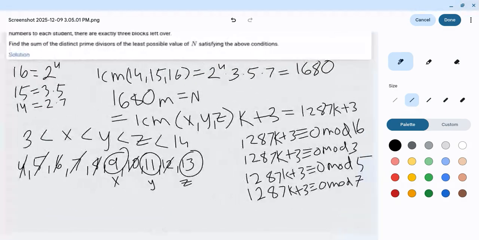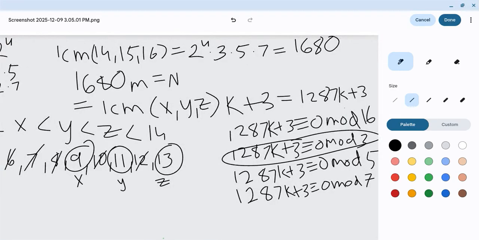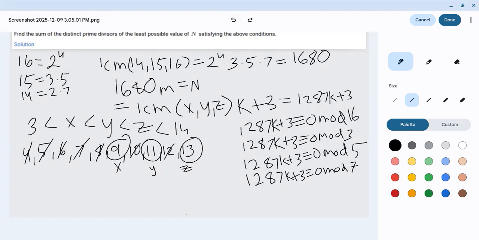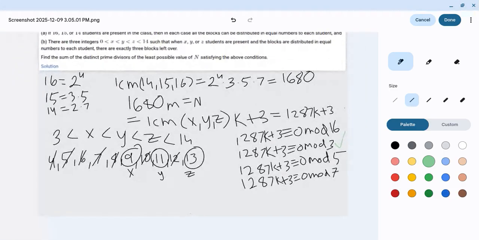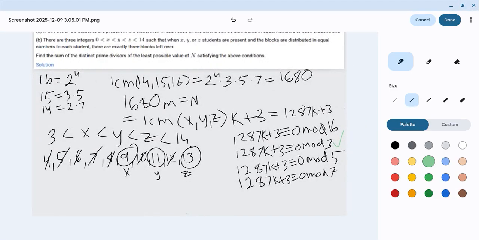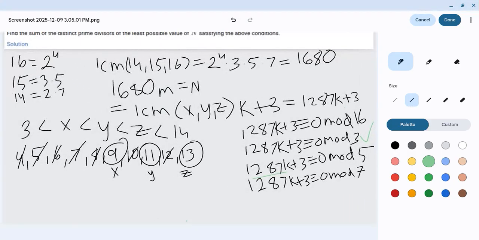So first of all, we obviously know that this is true because 1287 is a multiple of 3, and you can basically just factor out the 3 here, so this we don't have to worry about. Next, let's look at this one. We have that 1287 ends with a 7, and then we're taking a multiple of that and adding 3.